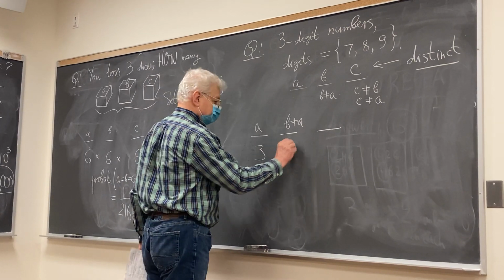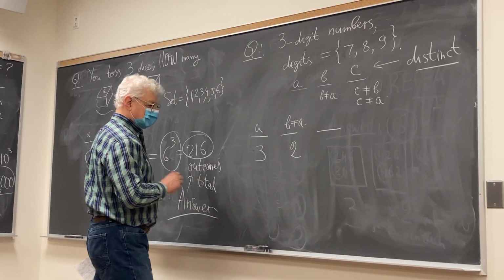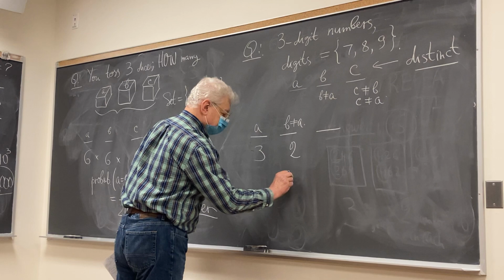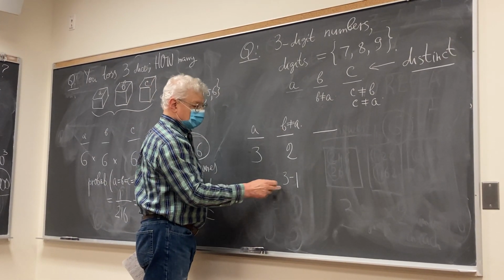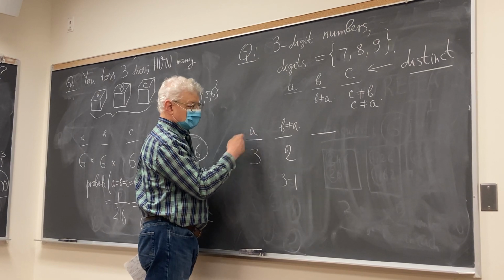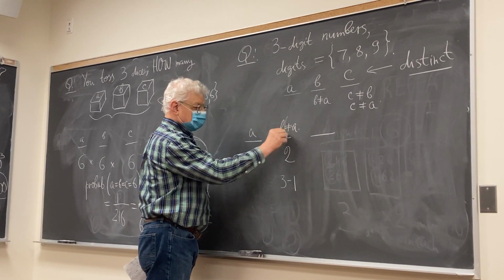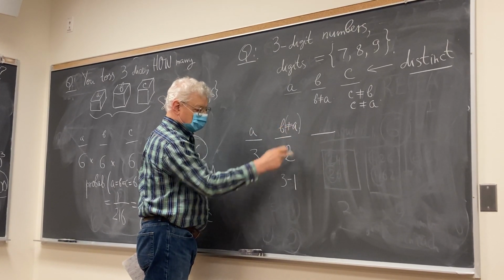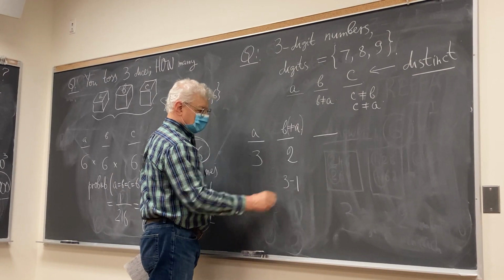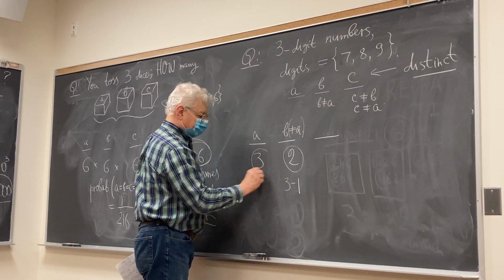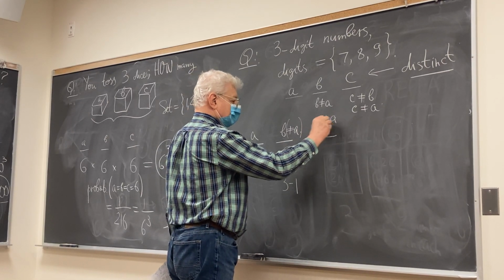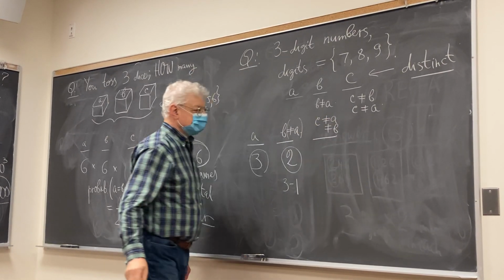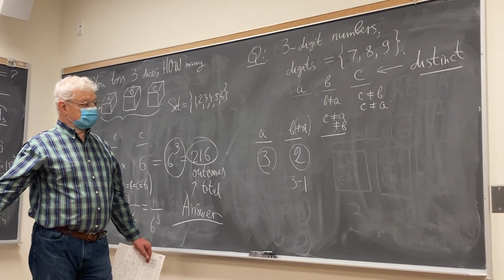So here we have 2 possibilities. What is 2? It is 3 minus 1. We don't know which one we use here, but we know that it's not equal to A, so therefore one of them must be removed. So we have 2 possibilities. And the last one is C is not A, and C is not B. So what's left over?